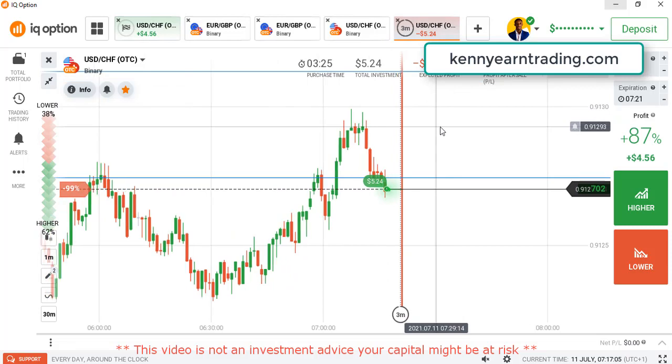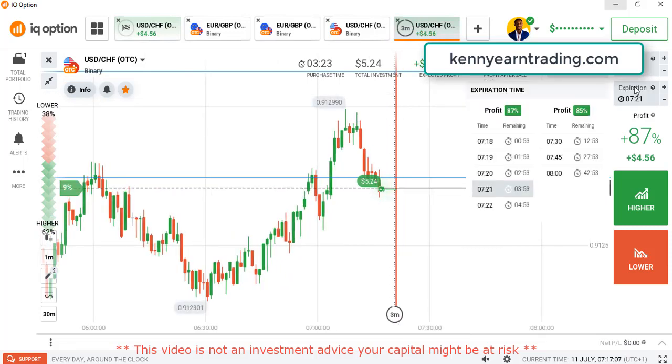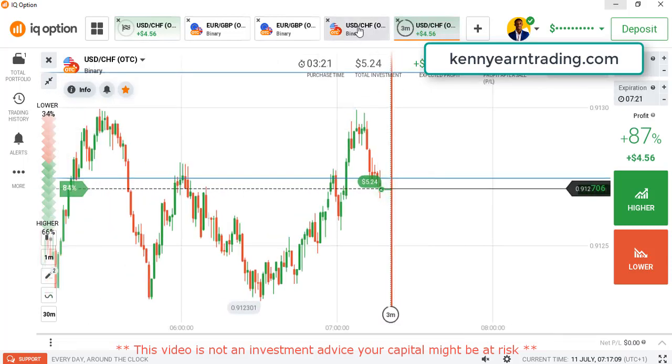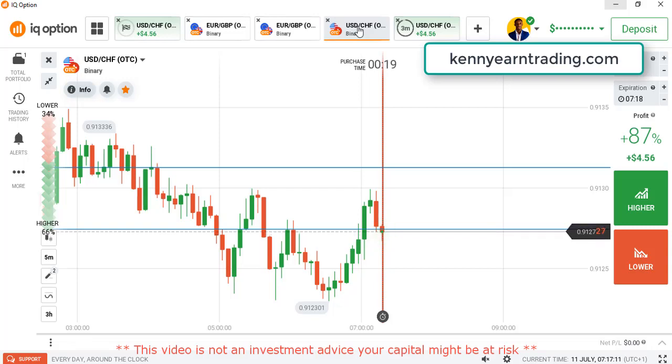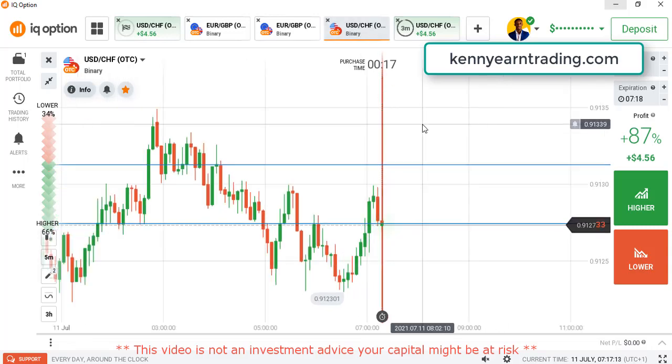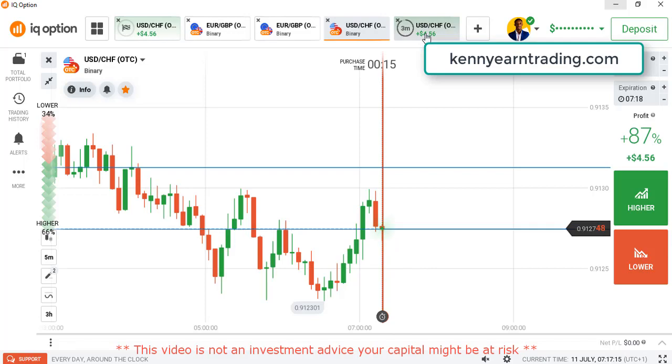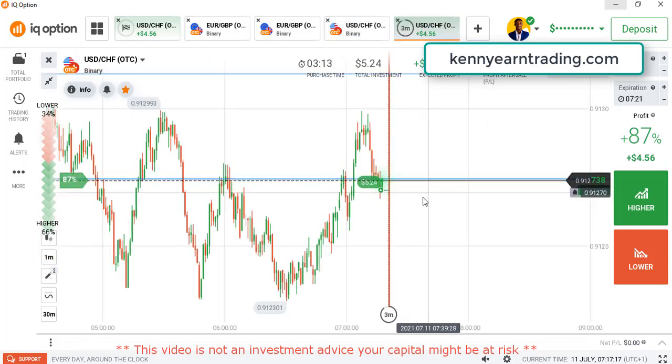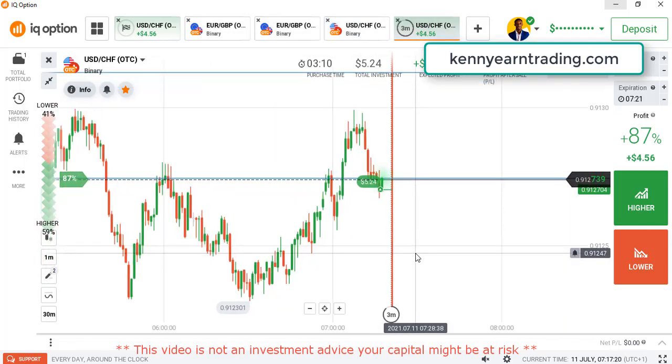So I placed the higher option here because of the market condition. The market has been giving us higher highs and higher lows. Even on the 5 minutes, you're seeing that the market supports buyers. So on the 1 minute, you can clearly see higher highs, higher lows. So now the market has made a low.